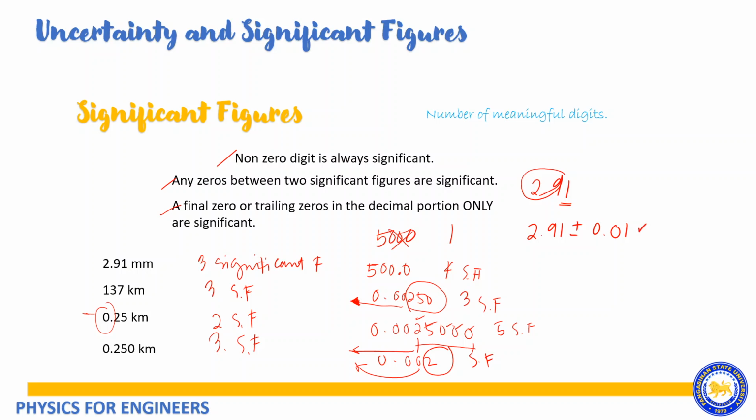Yan yung uncertainty niya. Okay? So, 137 kilometers. Tatlong significant figure. Yung last is plus minus 1 kilometer. Ganun siya. So, kumbaga parang silent or subtle way lang ang significant figures para mag-express ng accuracy. Okay?